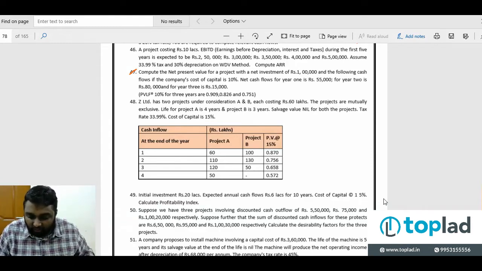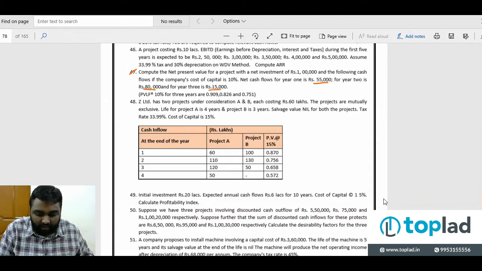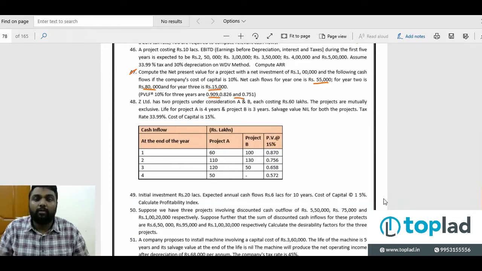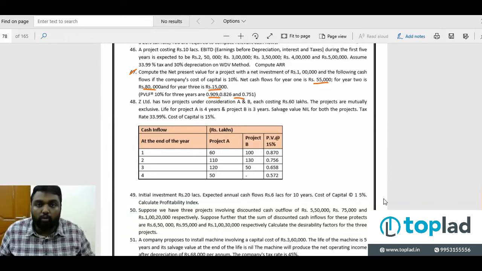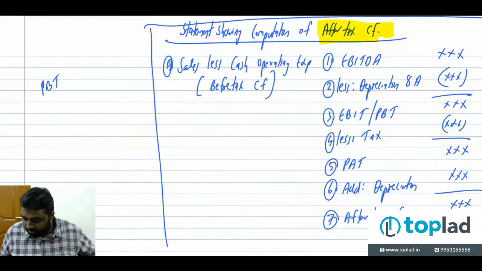Net cash flow for year 1 is 55,000, year 2 is 80,000, year 3 is 15,000. I told you already that the discount rate will be given in the question. They have given the discount rate. But for our class purpose, I have not given the discount rate in all questions; some of them we have to find out.